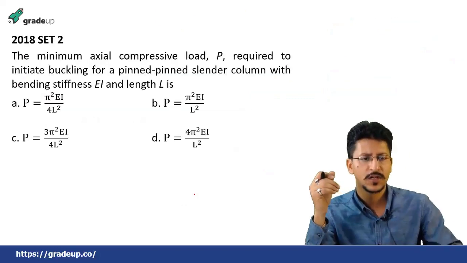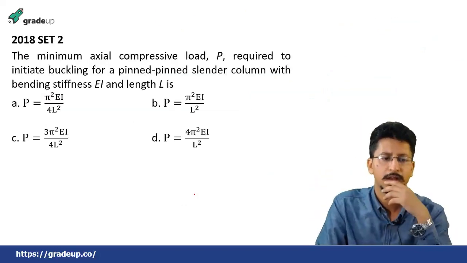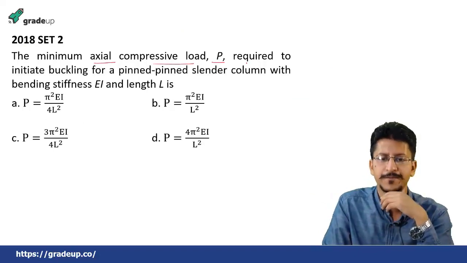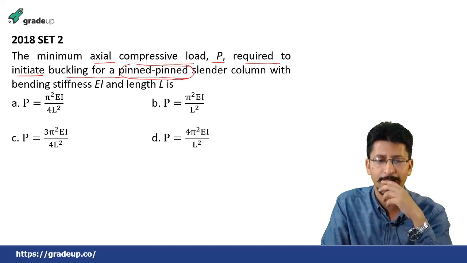Next question, 2018 set 2. The minimum axial compressive load P required to initiate buckling for a pinned slender column. Pinned means both ends hinged.